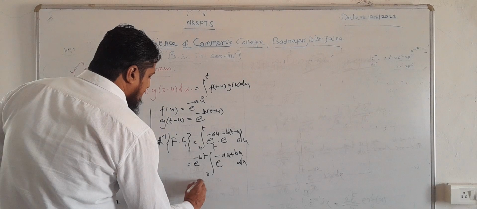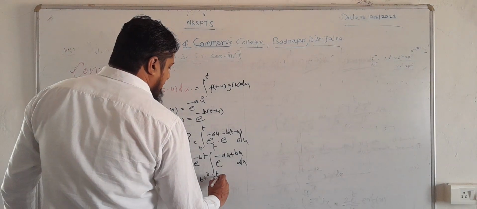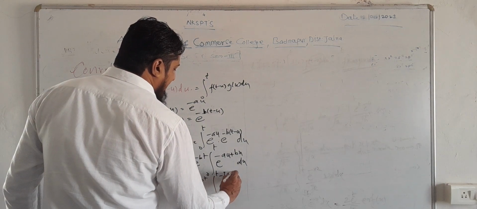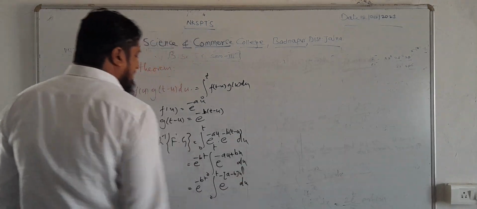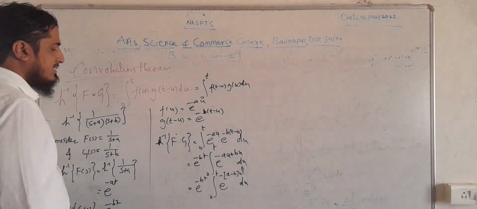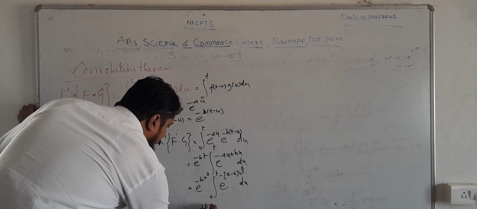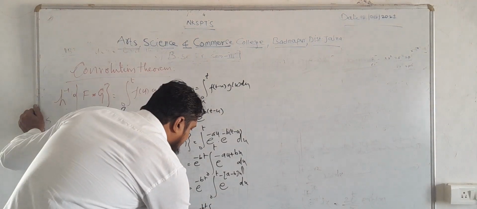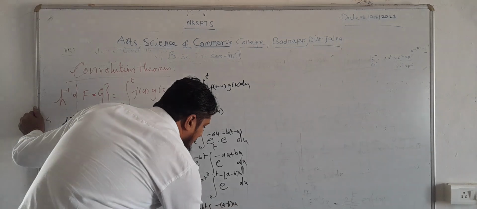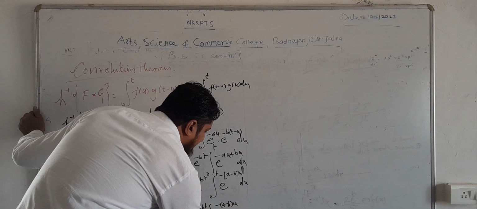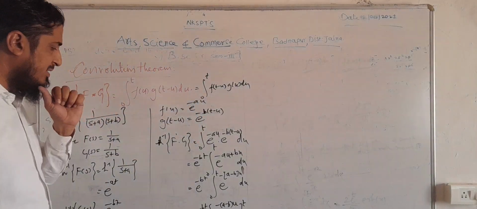And it is e raised to minus bt integration from 0 to t e raised to minus, taking minus outside, a minus b into u du. And when we apply integration, we will get e raised to minus bt into e raised to minus a minus b u upon minus a minus b, and that is the limit of integration.